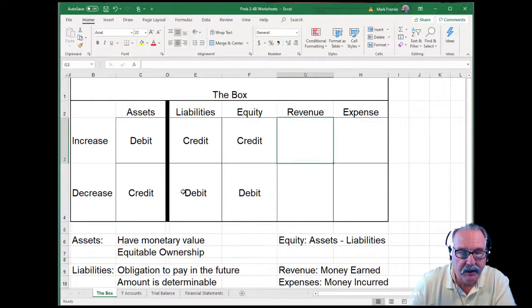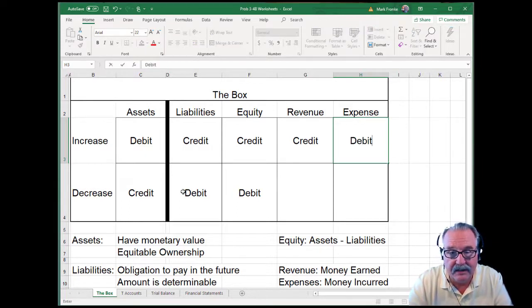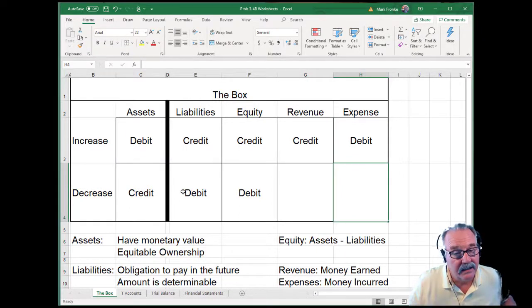So, if we think about revenue, revenue we know makes equity go up. So, revenue is always going to be a credit. And therefore, expenses go up with a debit. Because expenses make equity go down, and equity goes down with a debit, expenses are always debits.